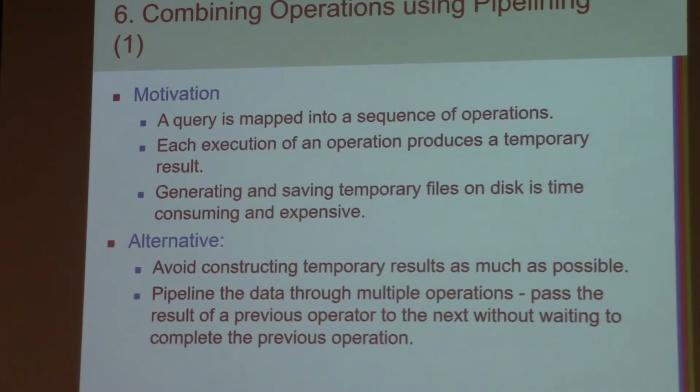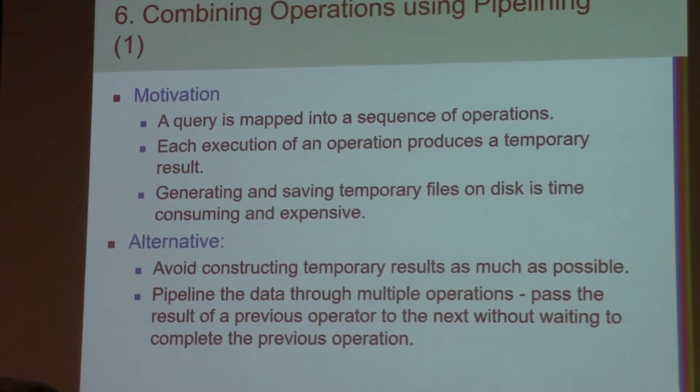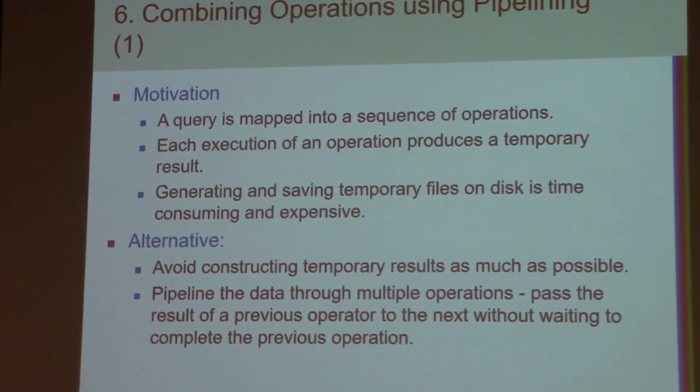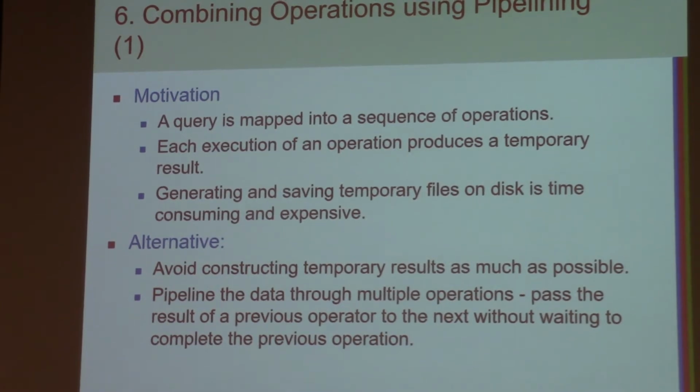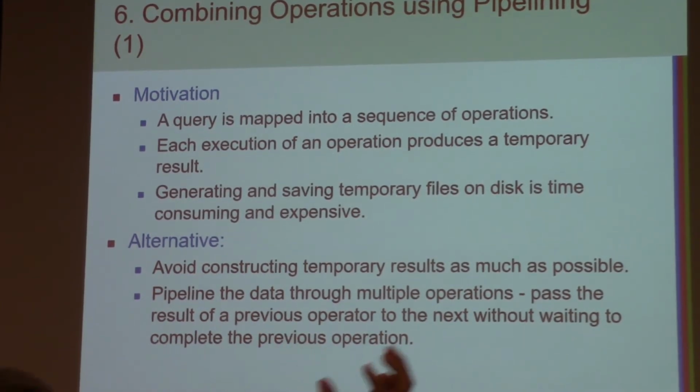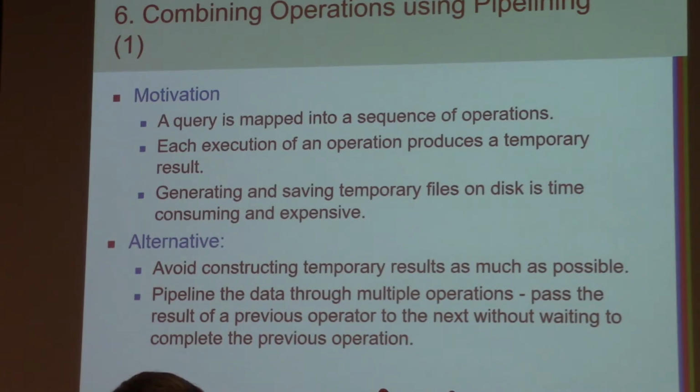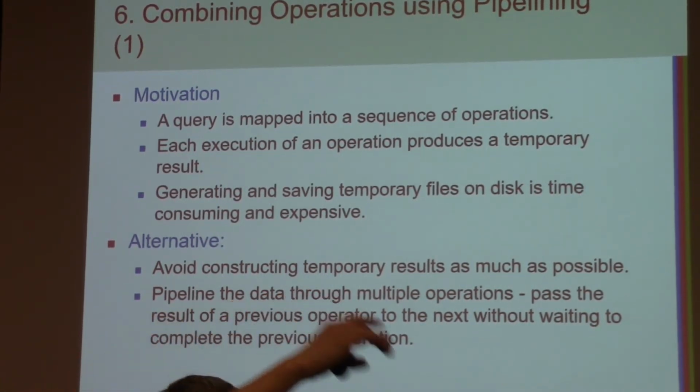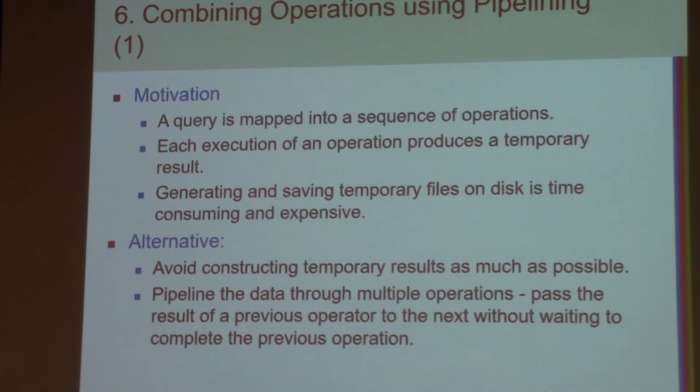Pipelining: what is a pipeline operation in computer? It means when we have two operations or two tasks, always we have input and output, and also input and output. The output of one module will automatically be the input of the other module.